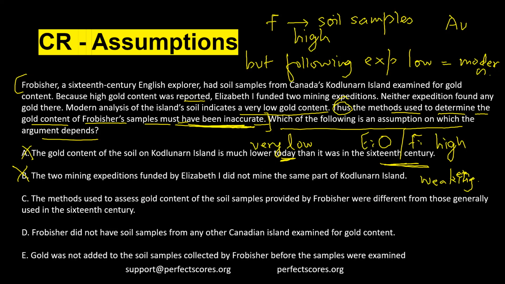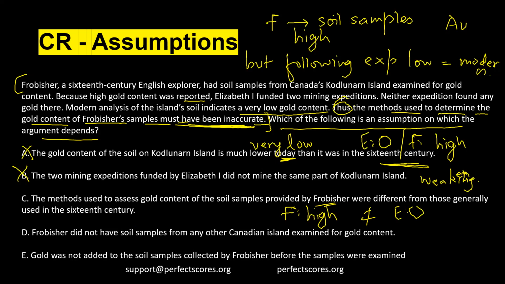So basically, Frobisher's method that found high gold content was different from the methods used by Elizabeth's expeditions that found zero content. So could this be an assumption for this conclusion that the methods used were inaccurate? Probably yes, because the methods used by Frobisher were completely different from the accurate methods. So C actually works well.